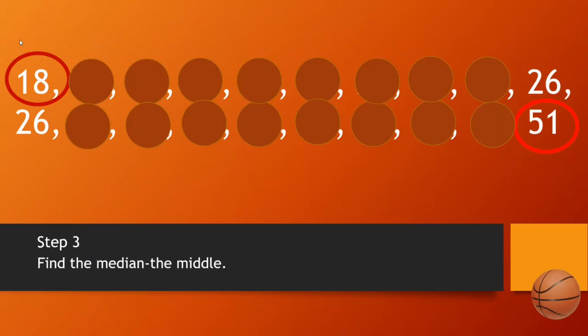My median is in between these two numbers. Since these two numbers in this case are both 26, in between 26 is just 26. So my median is 26. I'm going to draw a line there so I remember where my median is.